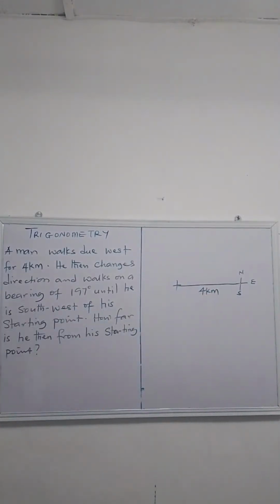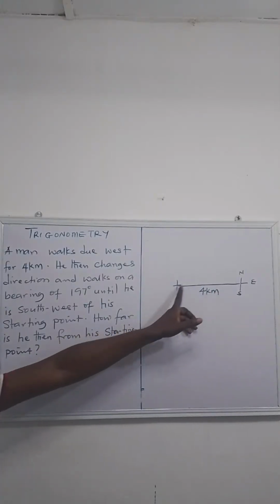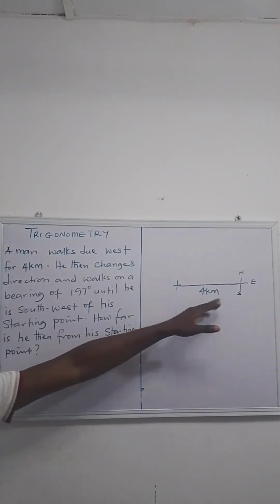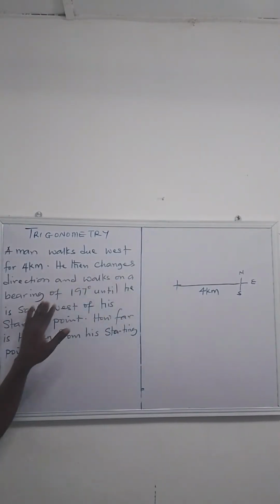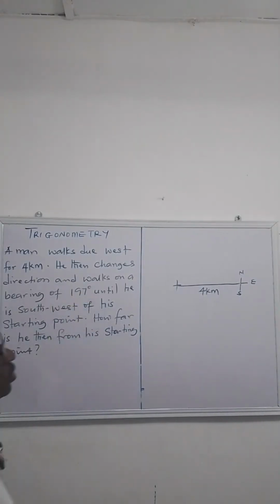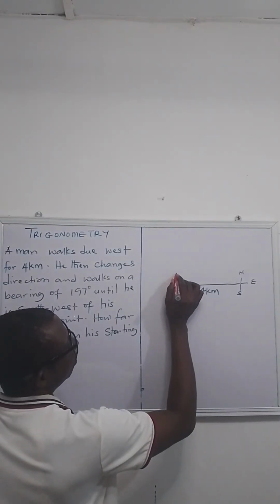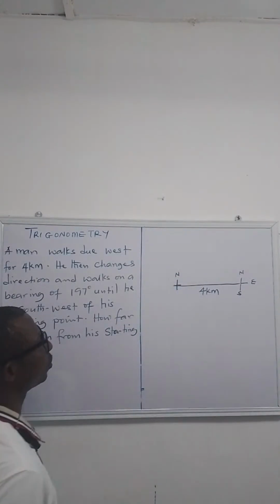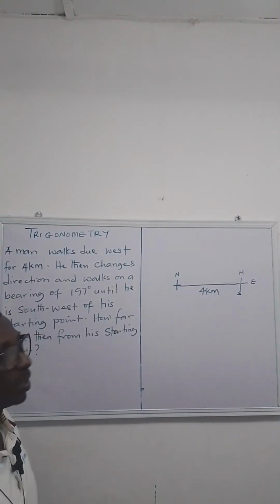Now, he then changes direction. He stops moving on this west direction and walks on a bearing of 197 degrees. So now bearing starts from the North Pole. You just read 197 from the North Pole.